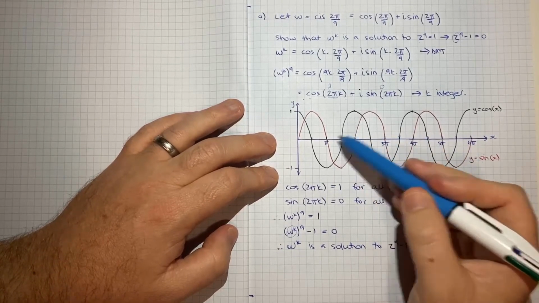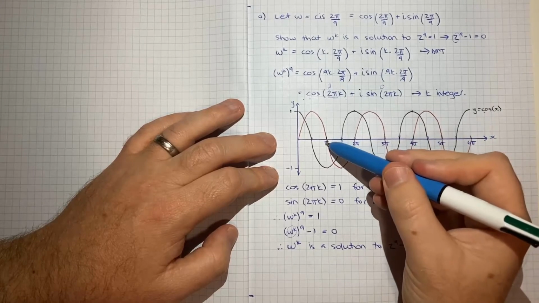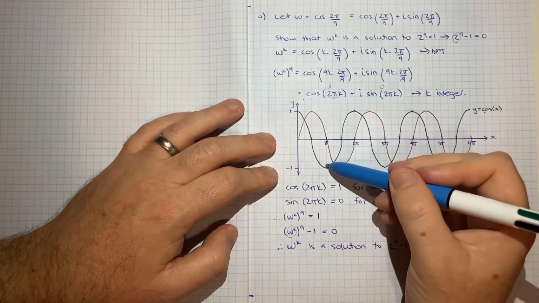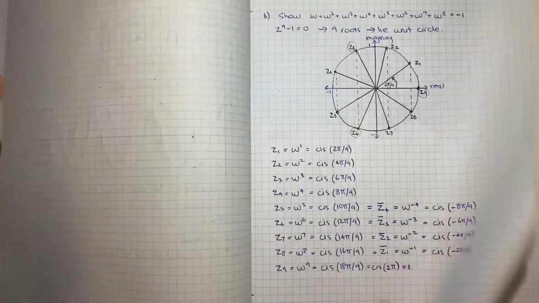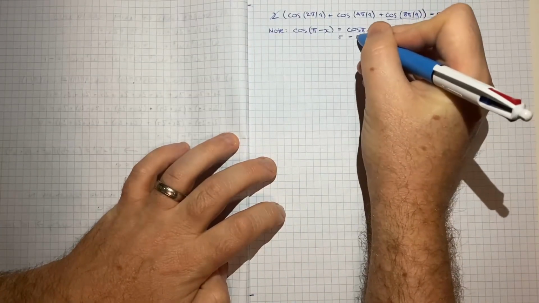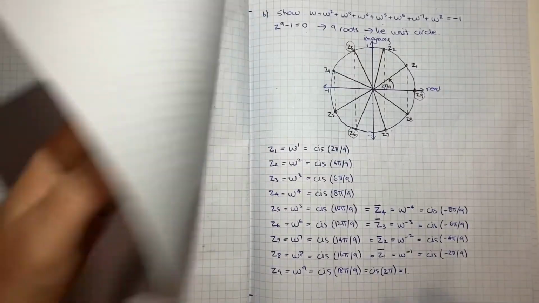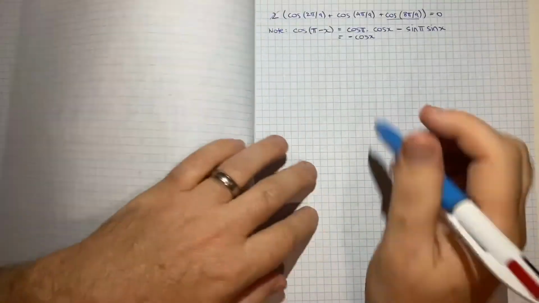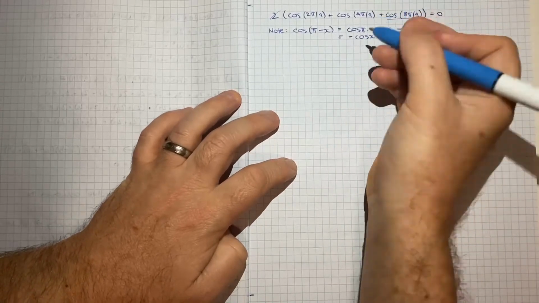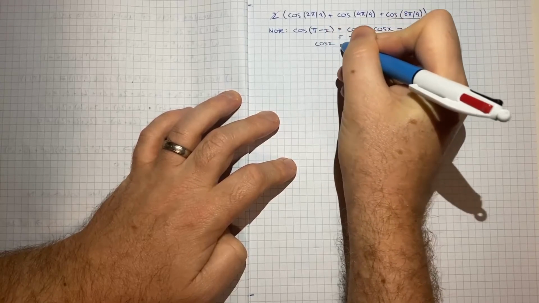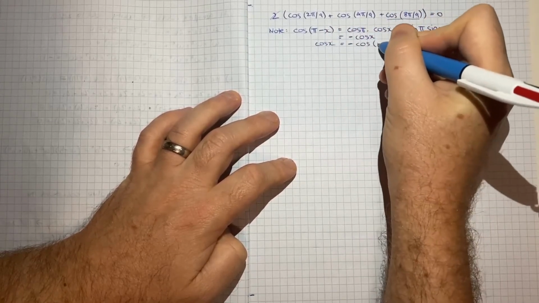When I'm looking at the cos chart and I look at pi, cos pi is -1, so that would be -1 times cos x, and sine pi is 0, so that just drops off. So I'll just rewrite this, bringing the negative over: cos x is equal to negative cos of pi minus x.